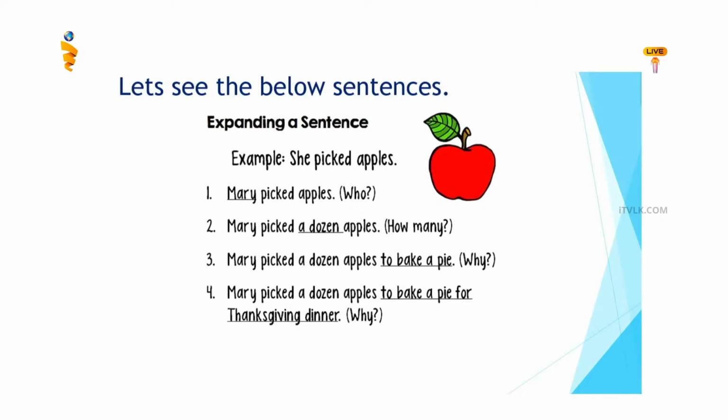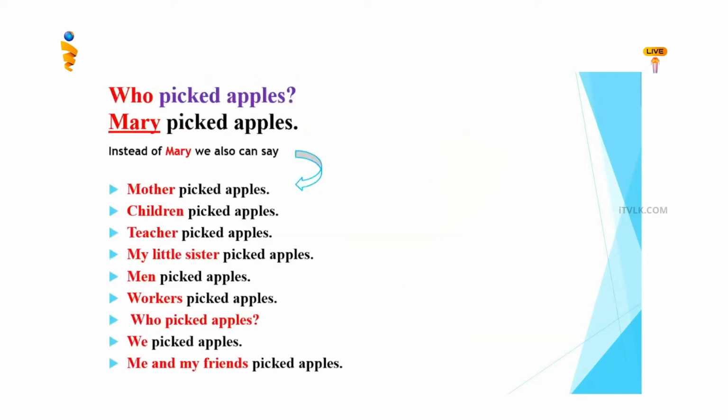So let's see whether we could also make sentences of these types. Who picked apples? Mary picked apples. So instead of Mary, you can use various subjects. Mother picked apples, children picked apples, teacher picked apples, my little sister, my little brother picked apples, men picked apples.